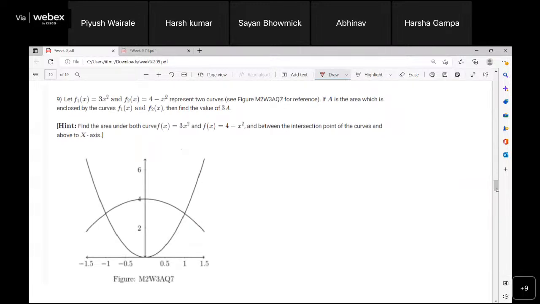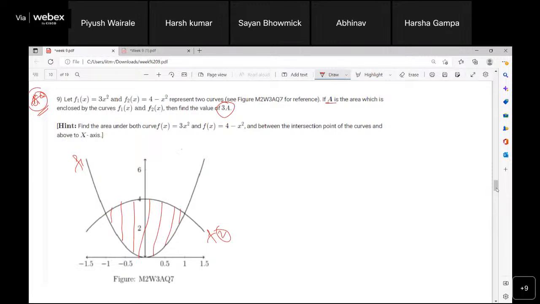Now this is another question based on the curve area. So we have f1 of x and this one is f2, right? These represent two curves. If A is the area enclosed by f1 of x and f2 of x, find out the value of 3A. So we have to find out this area, right?